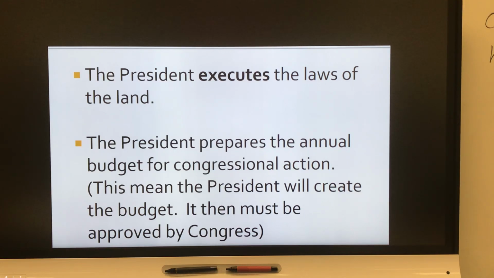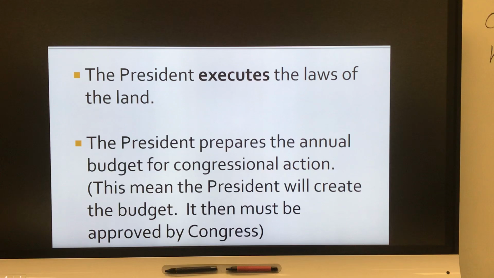One other thing to keep in mind when it comes to the main job of the president, that being he executes the laws of the land, is you may see it worded in a variety of different ways. You can also see it worded as the president enforces the laws of the land, or the president carries out the law of the land.